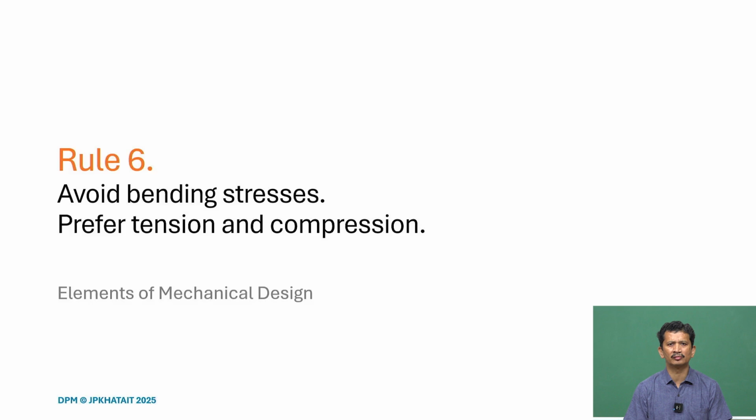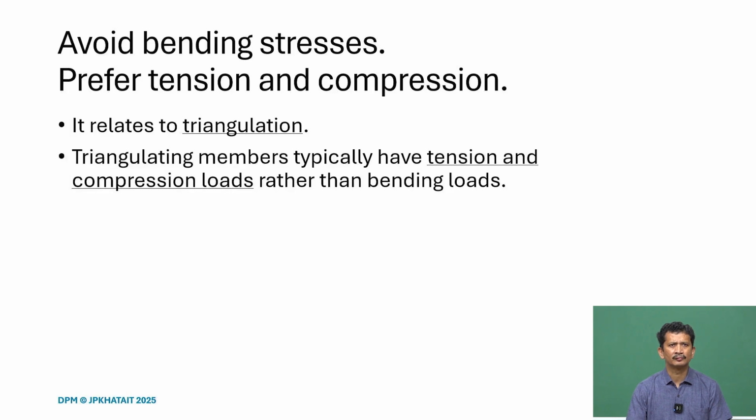So, we are talking about design for stiffness, and therefore it is very important that we make structures or designs where the members are preferably in tension and compression. This basically relates to triangulation again.